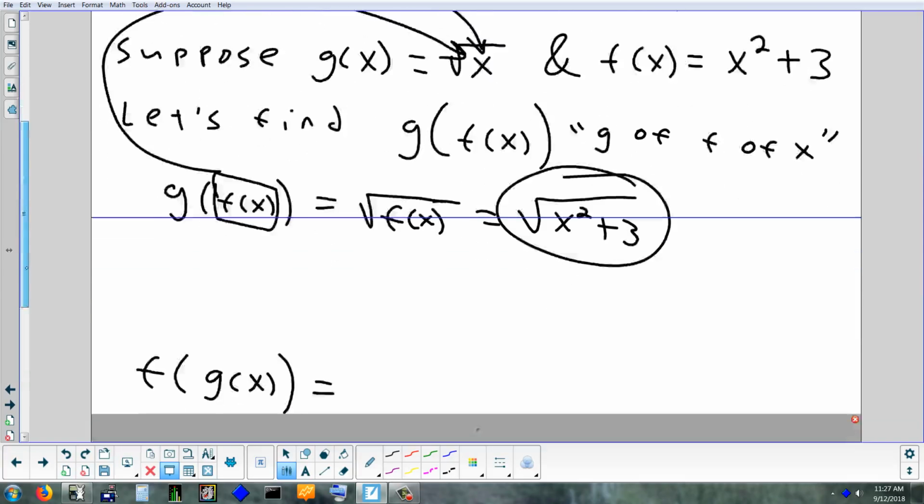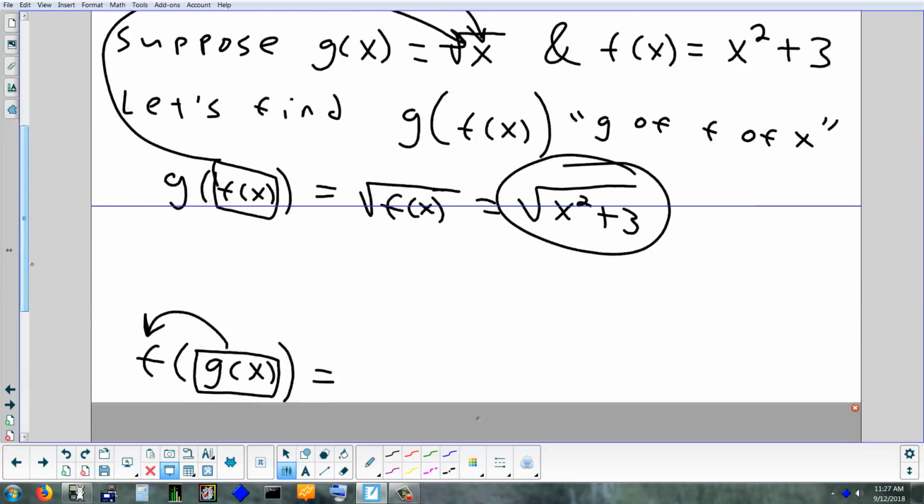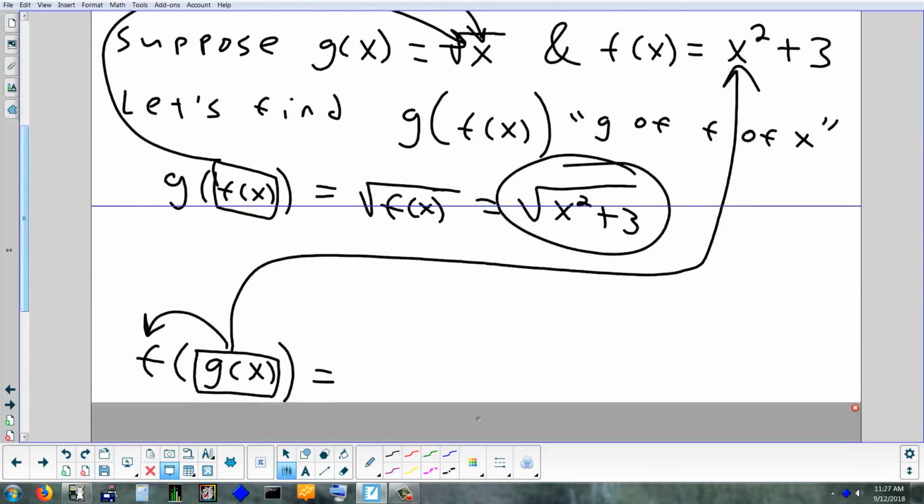So let's look up at this. This is saying take that and plug it into function f. So I'm going to look at function f. I'm going to take this and plug it in. So take whatever they give you and fill it in for the variable in f.